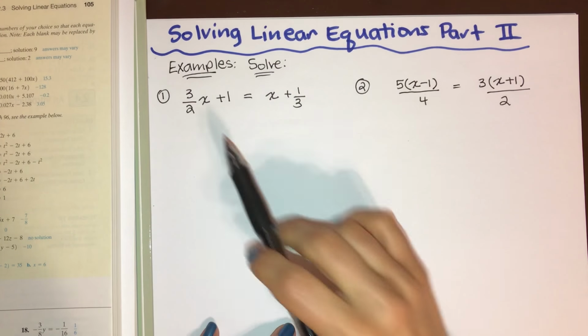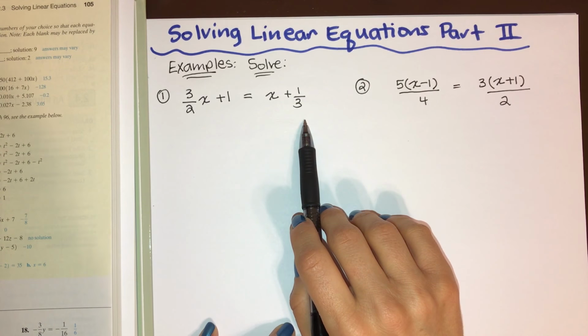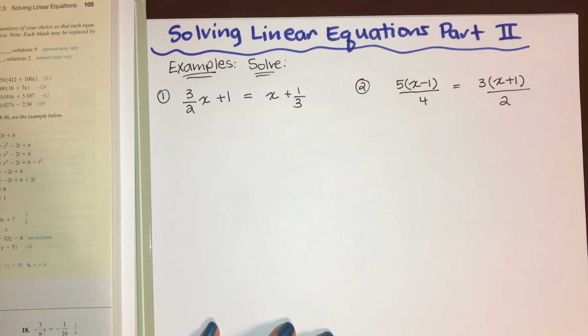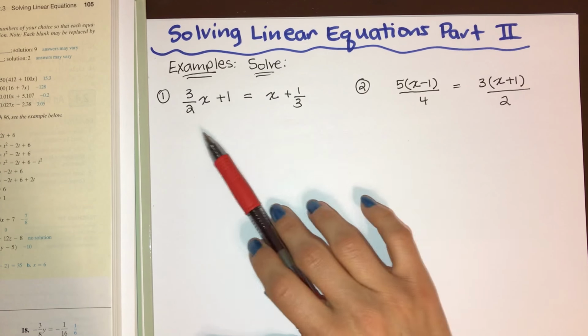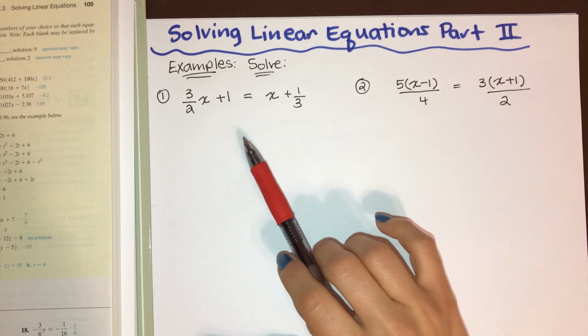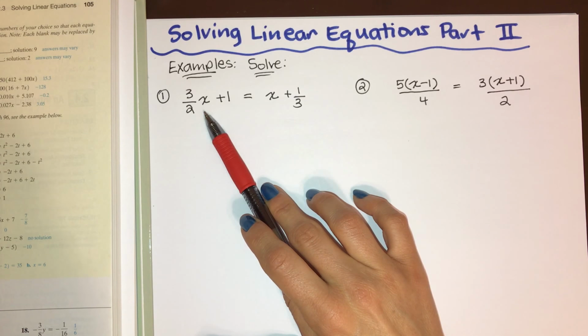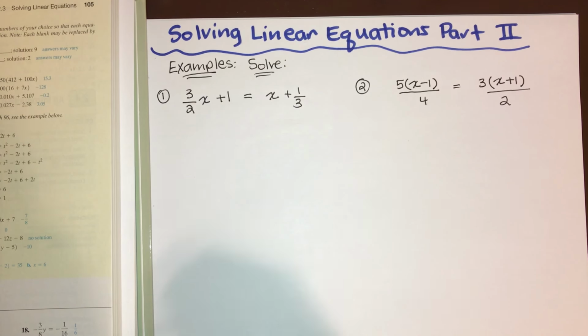If I multiply this whole equation by 6, it will get rid of the fractions and make the equation easier to solve. So remember, you have to multiply everything by 6. We cannot multiply by different numbers. Whatever we do to one part of the equation, you have to do the exact same to the whole equation.